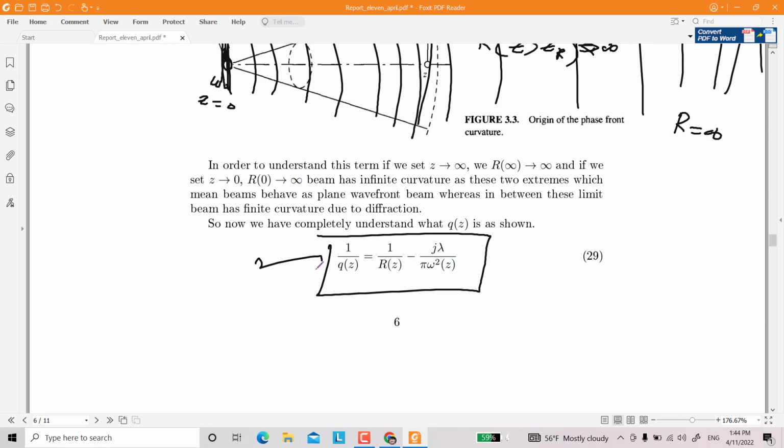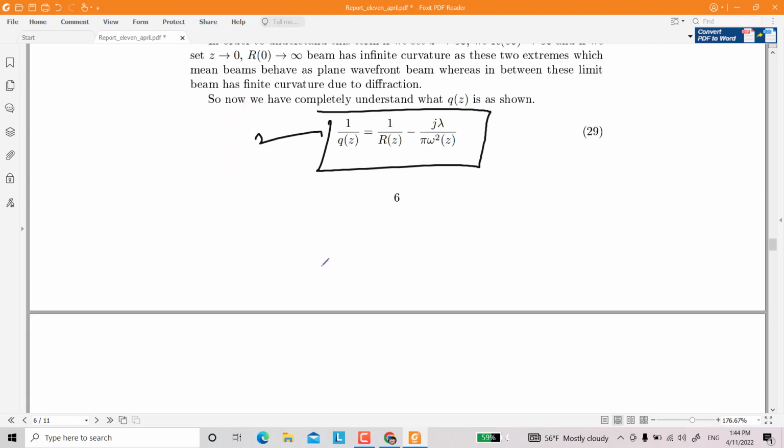So half of the calculations are done because we have exactly specified and located what q of z is, what kind of information it is giving us, and how we can specify the geometry of our location of beam waist and spot size anywhere on the optical axis z, or the propagation axis.